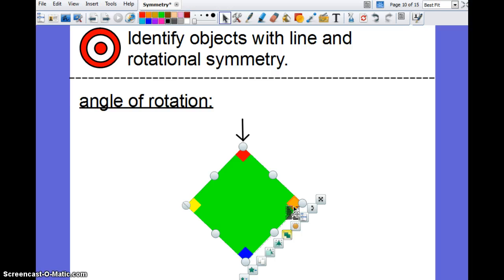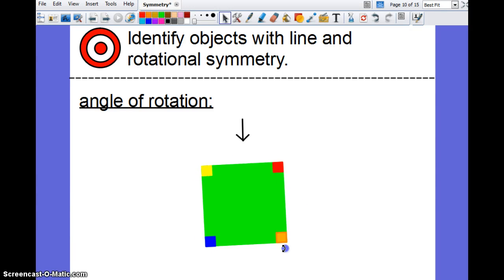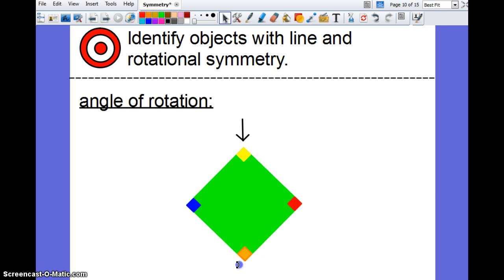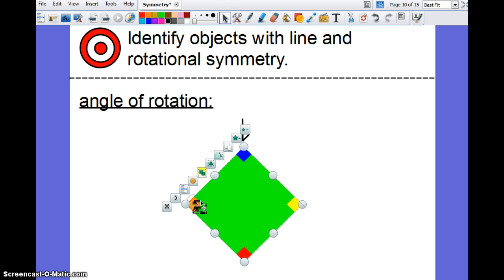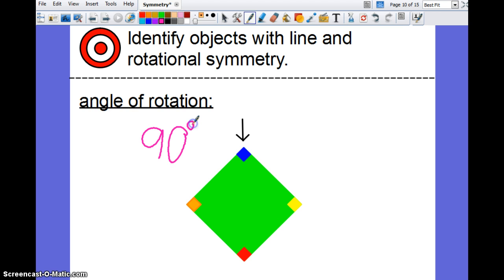It's in the same position that it was when it started. I can rotate it another 90 degrees, and it matches up on top of itself again. So this is rotational symmetry, and its angle of rotation is 90 degrees. I'm rotating it 90 degrees before it matches up on top of itself again.